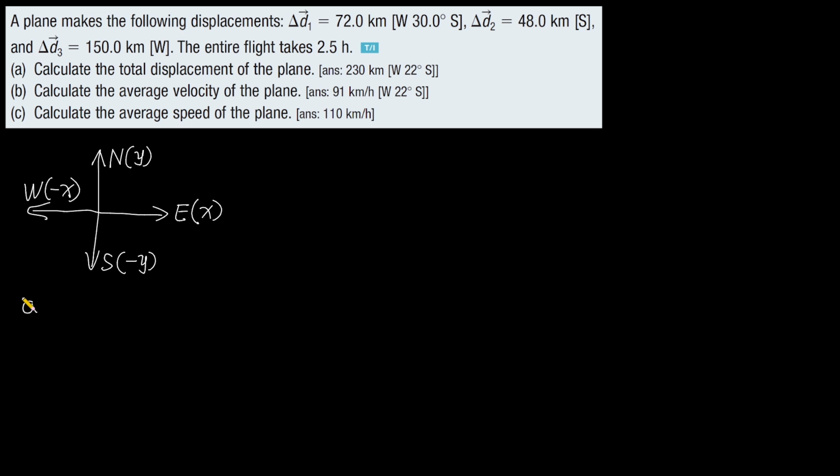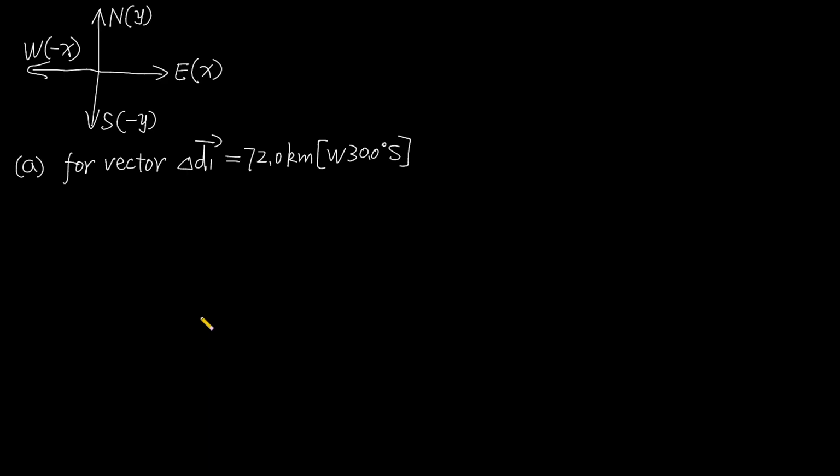Now A. For the vector delta D1, delta D1 is 72 kilometers west, 30 degrees toward south. I draw the graph. So this is west, also negative x direction.